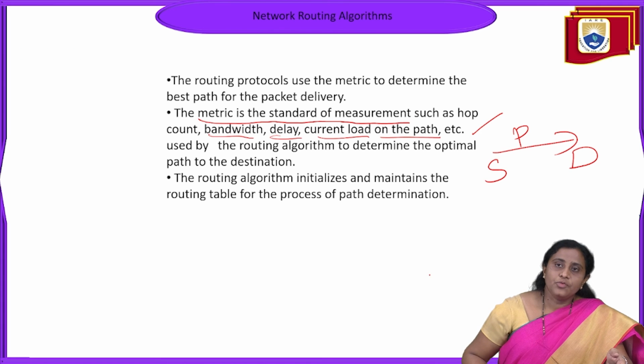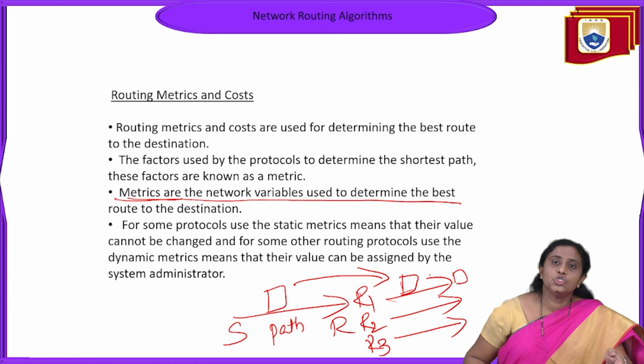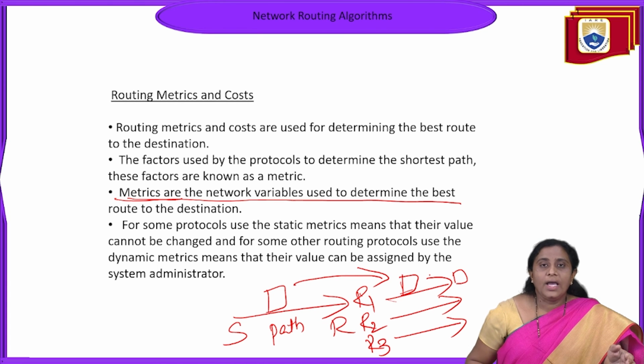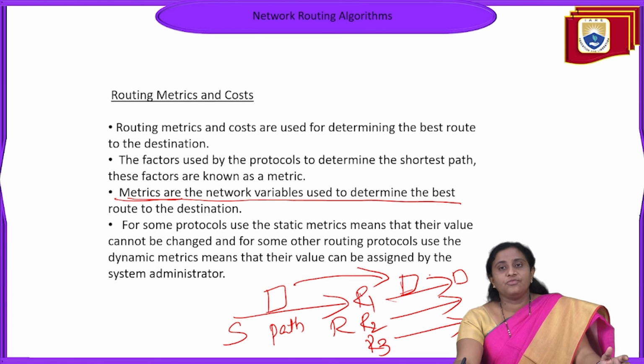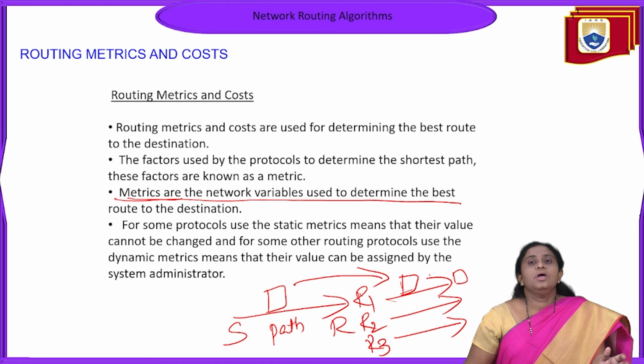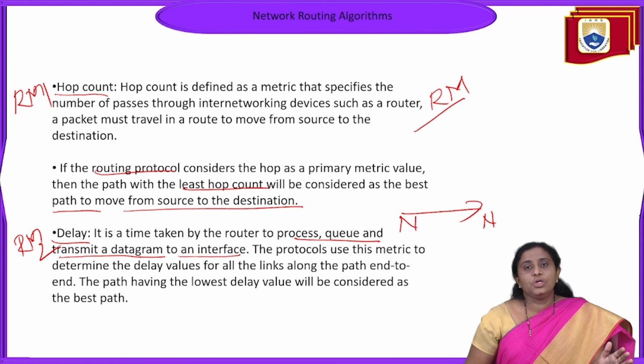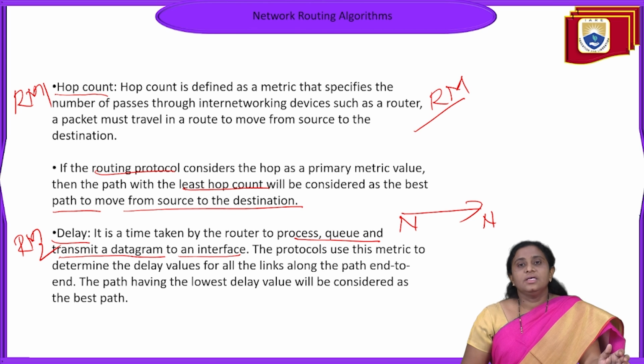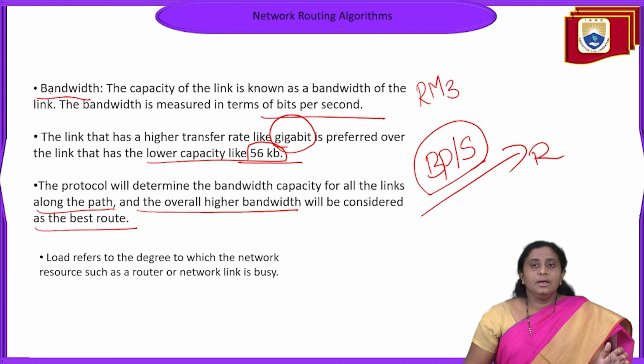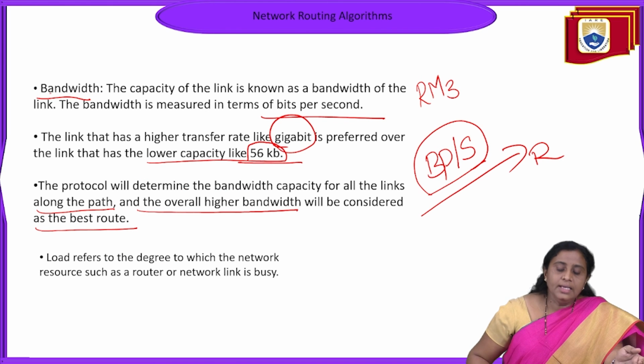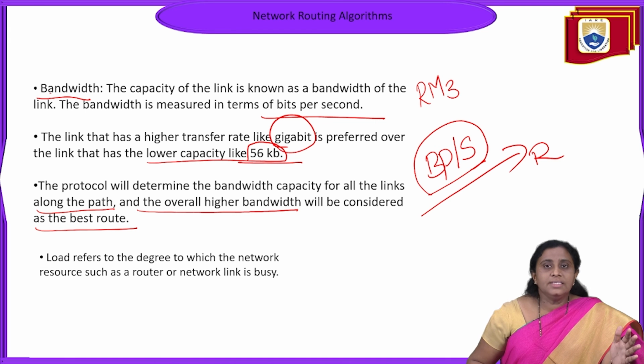After that, what are the routing metrics and costs which should be available while transmitting the data packet from one node to another node, and what are the main types of routing metrics: the hop count, the delay, the bandwidth, and the network links or subnet of a link.